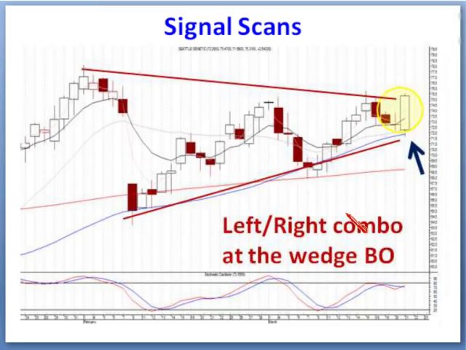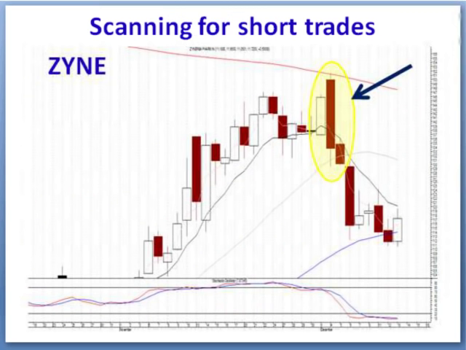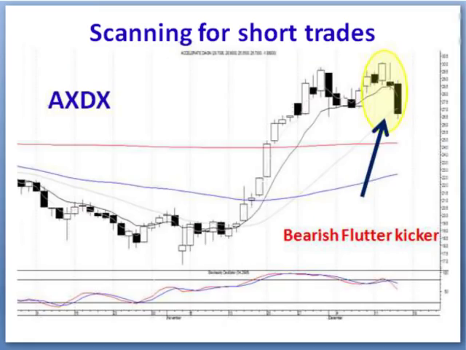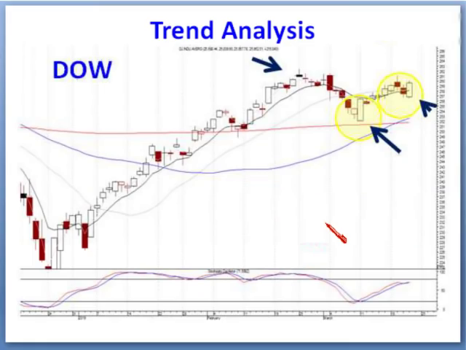This also works on the bearish side, yes. We're identifying bearish engulfing signals, or bearish haramis, or a bearish flutter kicker signal. So that's all part of your initial scan. Let me go up here even further. If we're looking at a market trend like this, our first analysis is which way do we think the market indexes are moving?